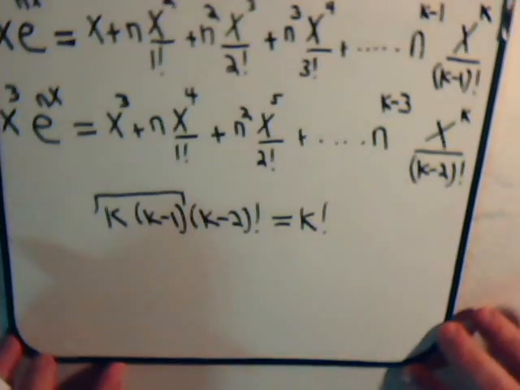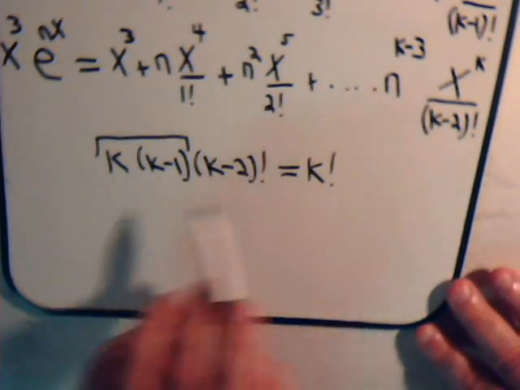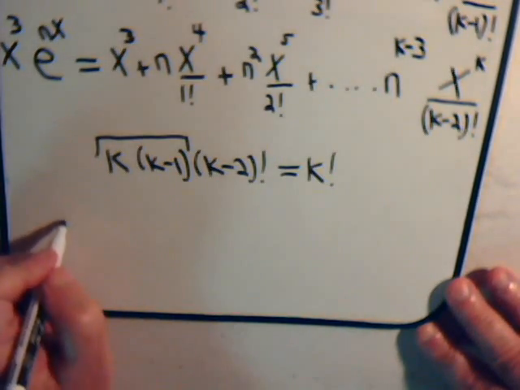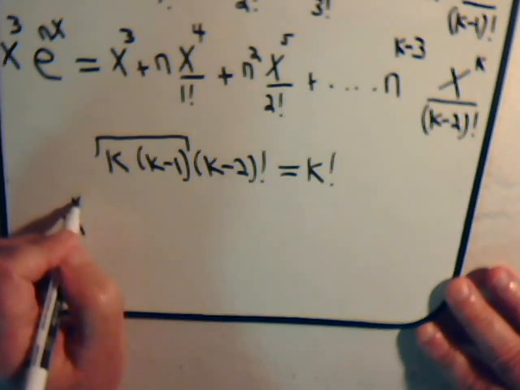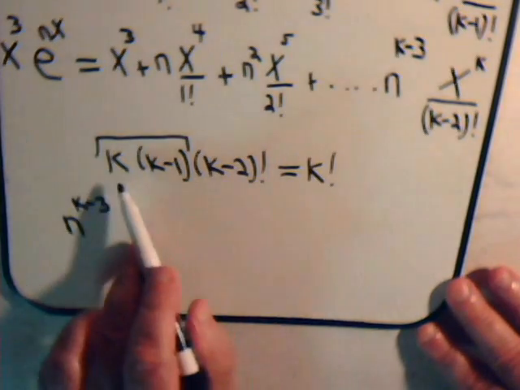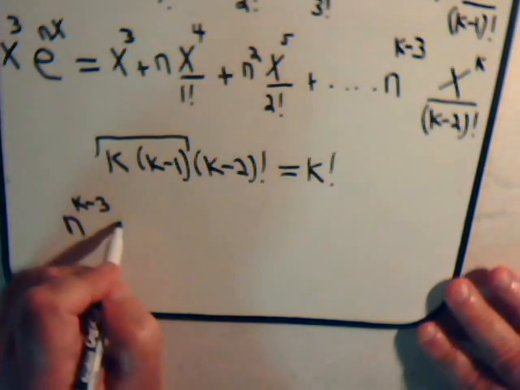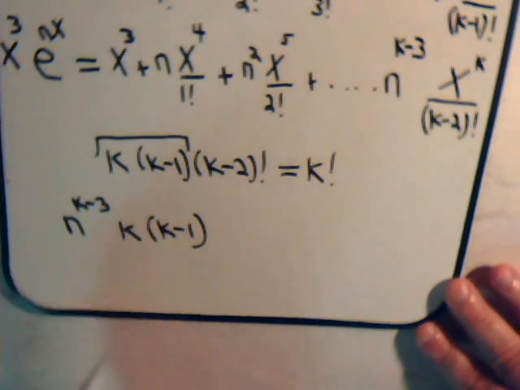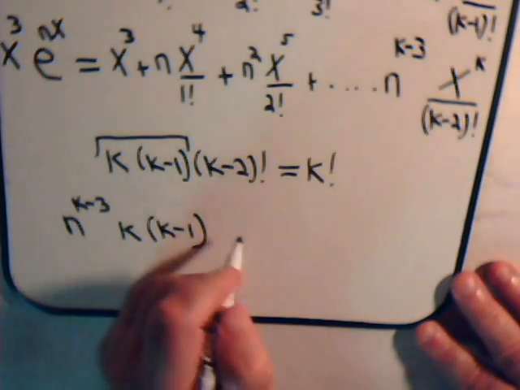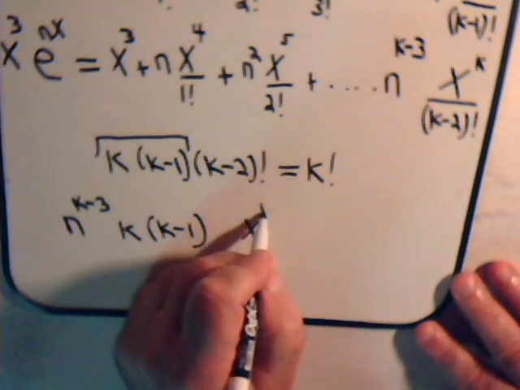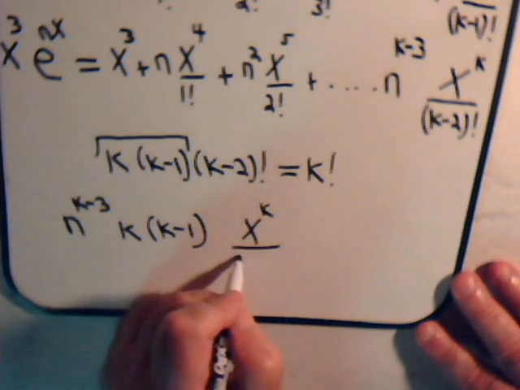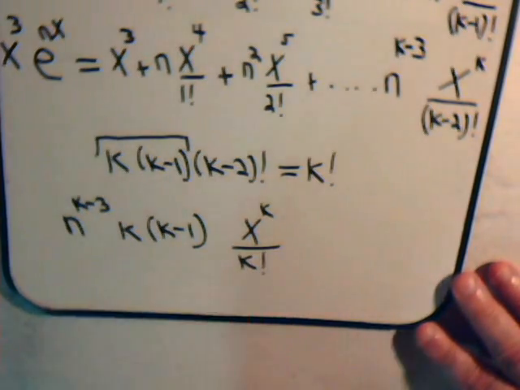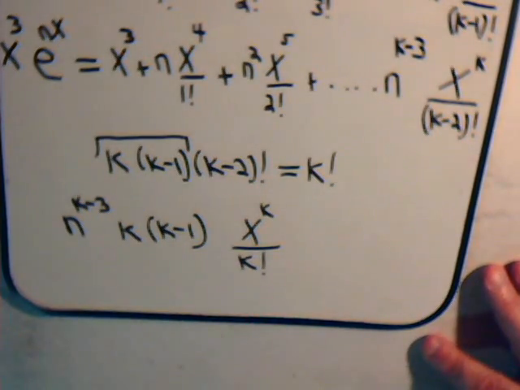So what we're going to find out then is that we're going to have this n to the k minus 3 times these two terms, times k times k minus 1, and this will now be x to the k divided by k factorial.